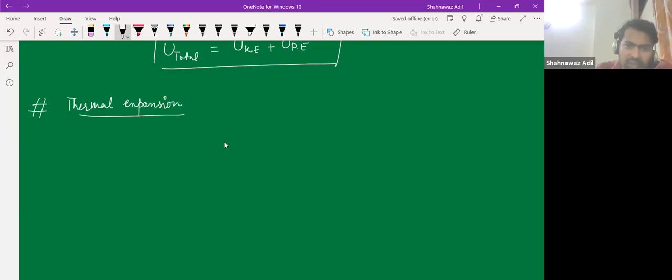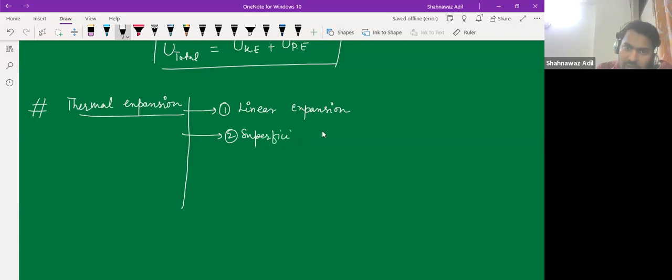Mainly we have three kinds of expansion: one is linear expansion, then superficial expansion, and the third one is cubic expansion.